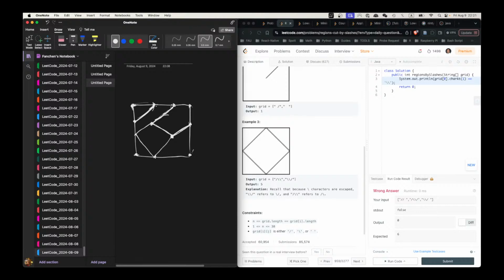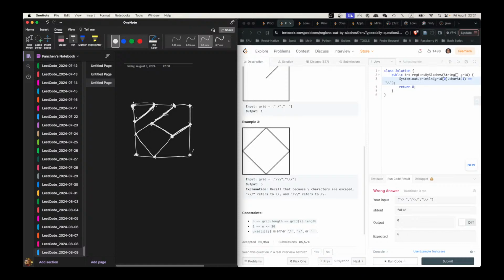It's not impossible. So I start from here, and if you go DFS, the problem is you go here, here, here, here, here, here. That's a cycle, but it's not a region, right? It's not a region.